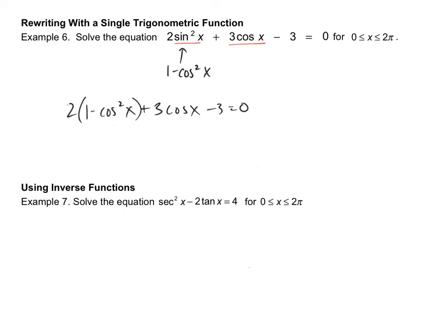equals 0. I'm going to distribute my 2. I have 2 minus 2 cosine squared x plus 3 cosine x minus 3 equals 0.